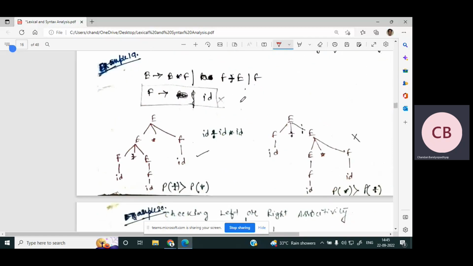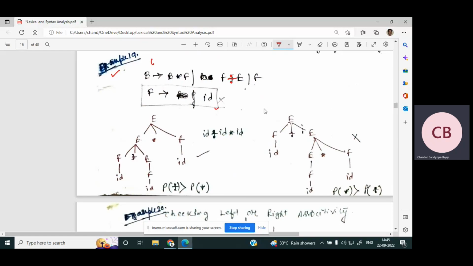Okay. Now one more example you can check. Here I have given one more example, example number 19. E goes to E star F or F, F goes to F plus E or F, and F is generating ID. You can consider it a division operator also, as per your wish, because an asterisk is there.